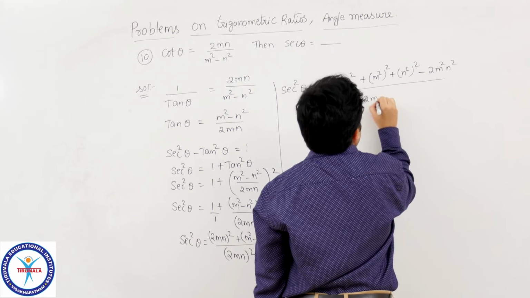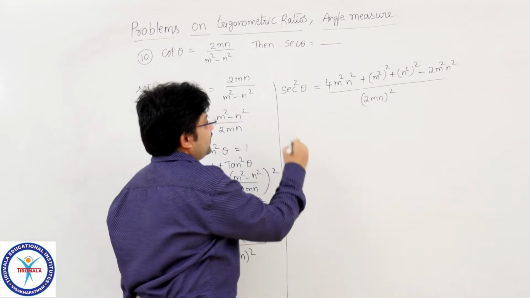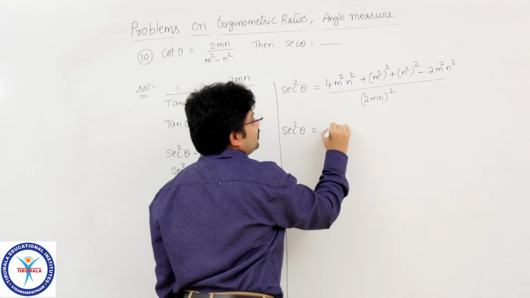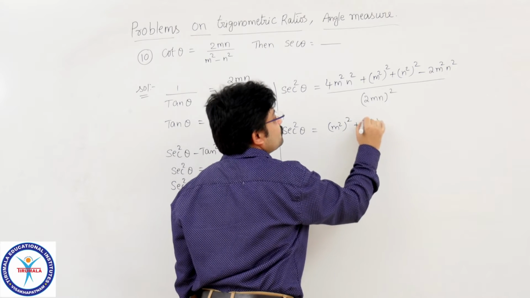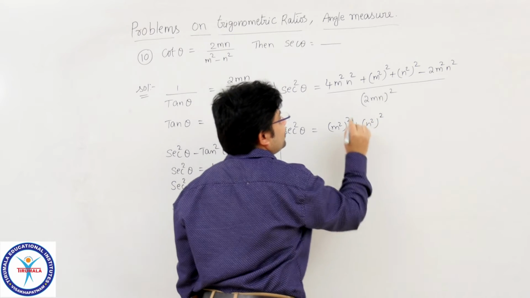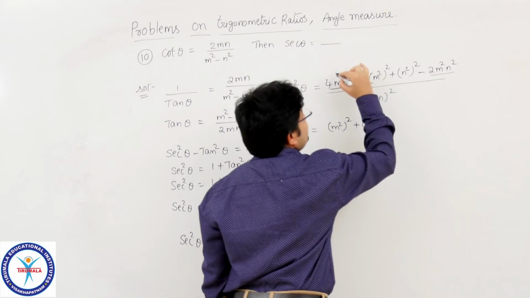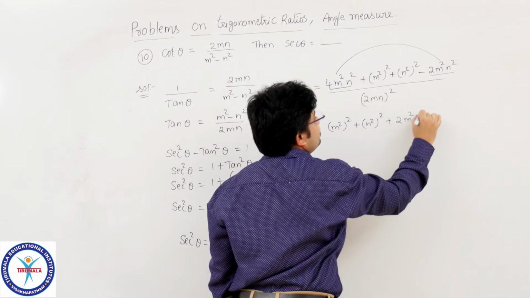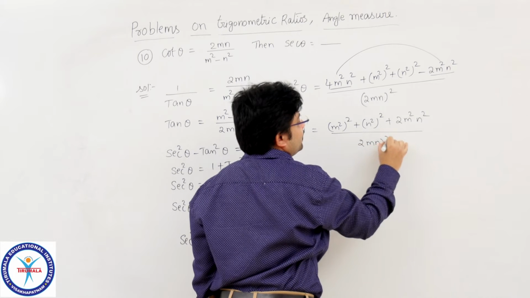Denominator is (2mn)². Again, sec²θ is equal to (m²)² + (n²)² + 4m²n² − 2m²n². Then it becomes 2m²n² by (2mn)².